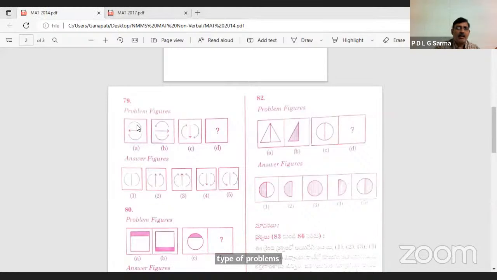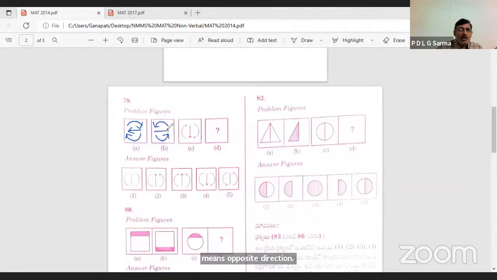Here you can see these figures first. How is this figure? Observe. It is clockwise, and this is also clockwise, and the arrow is pointing like this. Here what happened? It is anti-clockwise, meaning the opposite direction. This is also anti-clockwise.